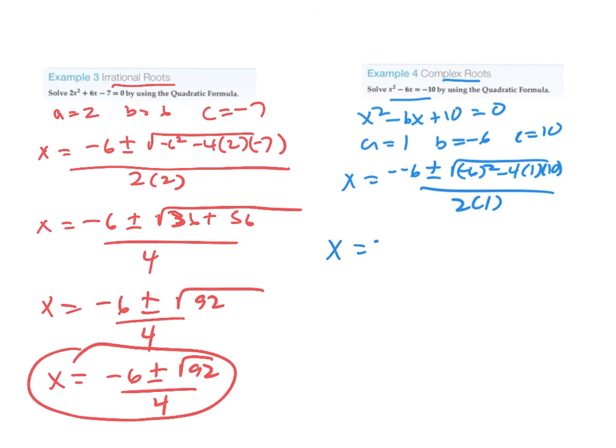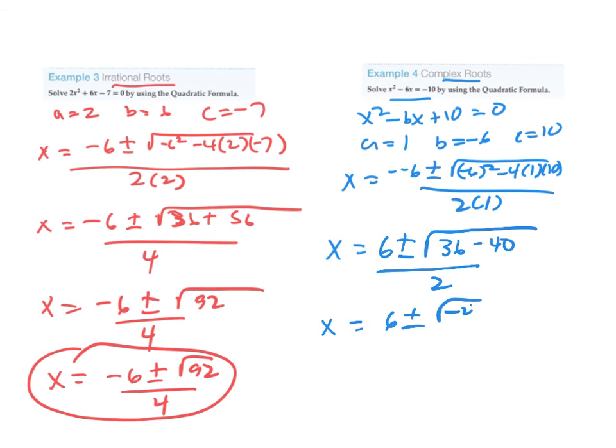Once again, we do the math. The negative of negative 6 is a positive 6. So we have 6 plus or minus the square root of 36 minus 40, all over 2. 36 minus 40 is negative 4, so we have a negative 4 in our radical sign.